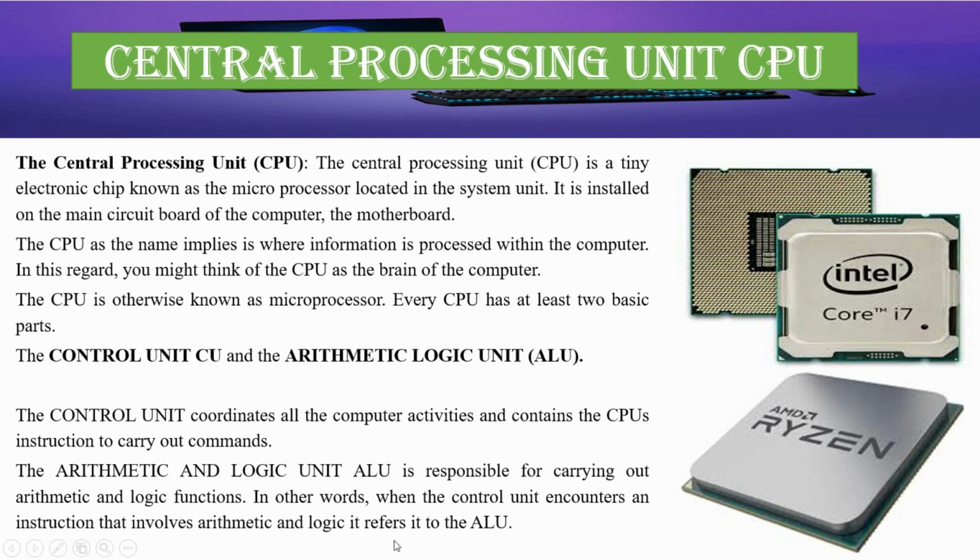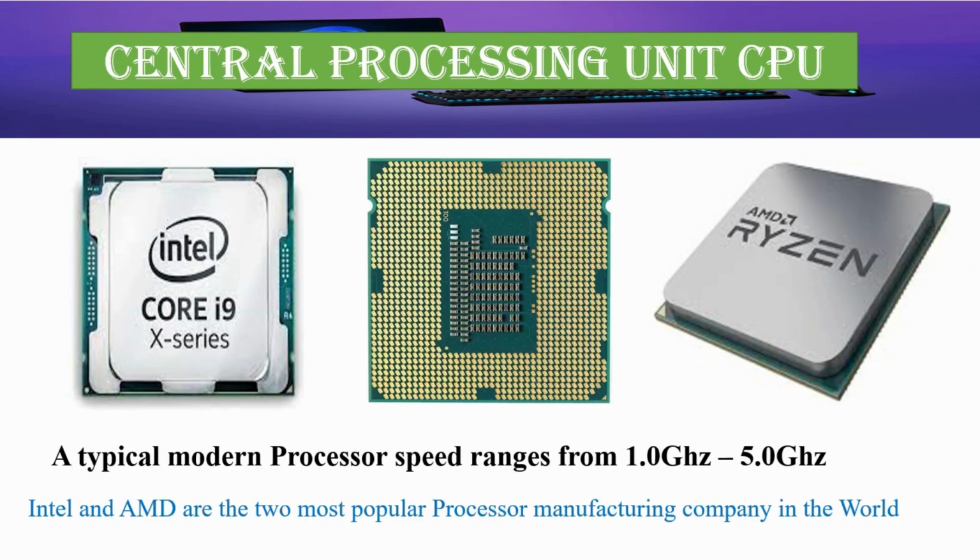In other words, when the control unit encounters instructions that involve arithmetic and logic, it refers to the ALU, which means the control unit is the one coordinating the activities of the processor, while the arithmetic and logic unit is the one responsible for handling the arithmetic and logical functions of the processor.